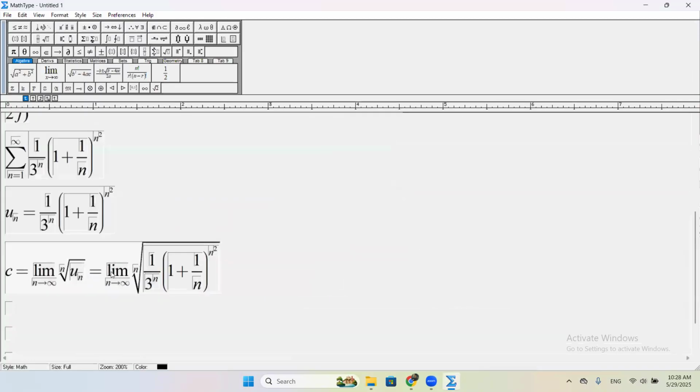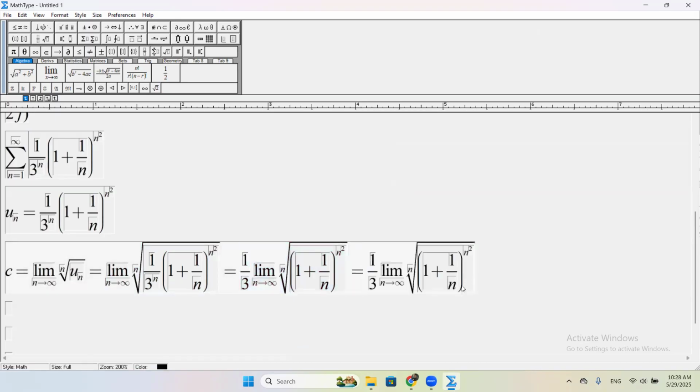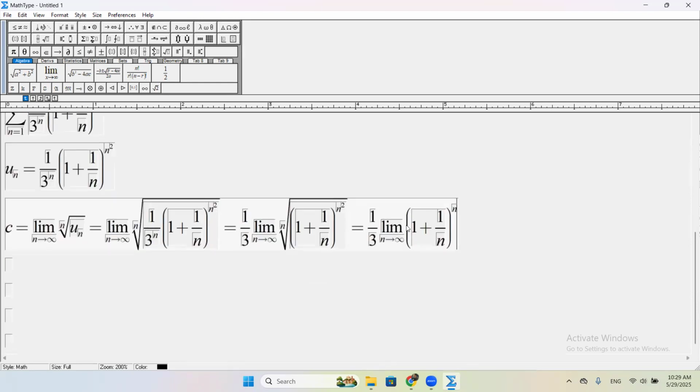And what will we receive? First of all, let's move 1/3 out of the limit. Then I will receive 1 plus 1 over n in power of n, and it will be equal to the number e.